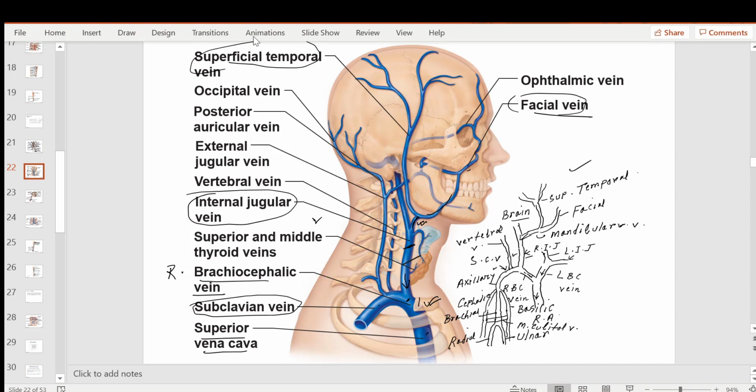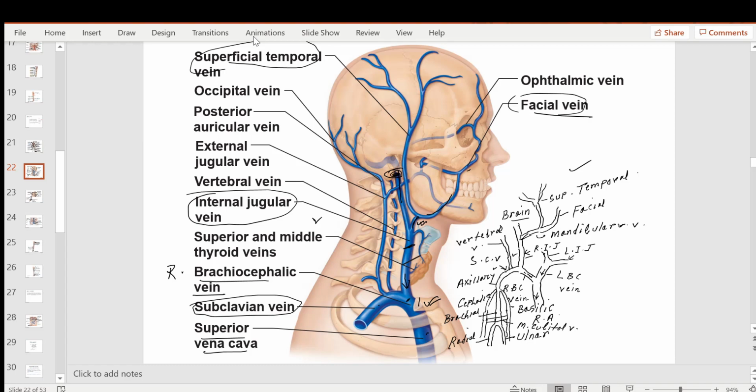And now you see the internal jugular is going to the cranial cavity, through the jugular foramen, and actually it receives blood from the internal part of the head.